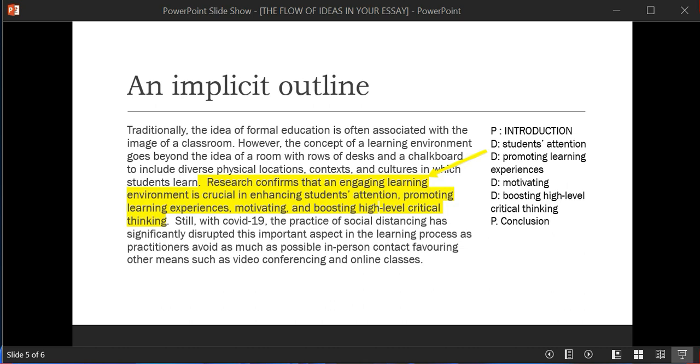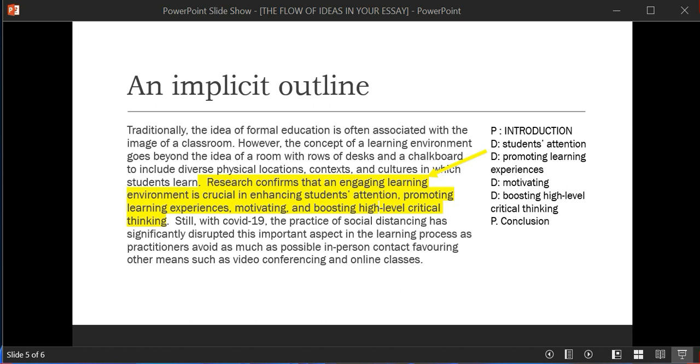In each paragraph, or maybe two, I'm going to dedicate it to one piece of information. For example, with students' attention, I'm going to start with it because I started with it in my thesis statement. I'm going to follow the same logic, the same sequencing I used in my introduction.